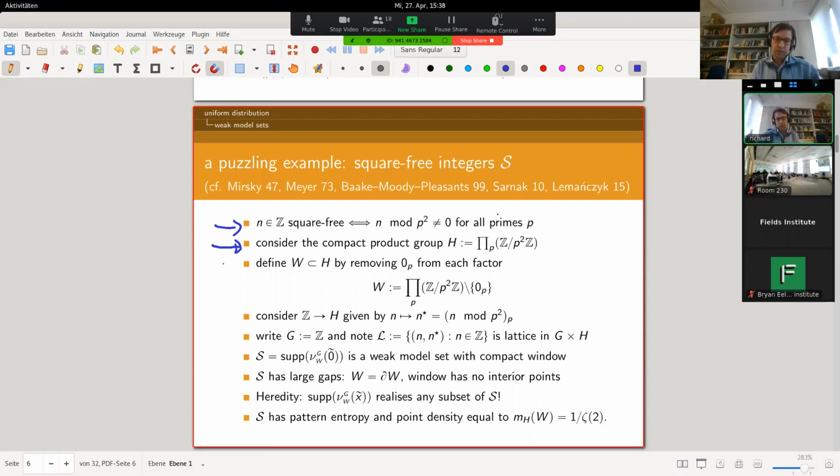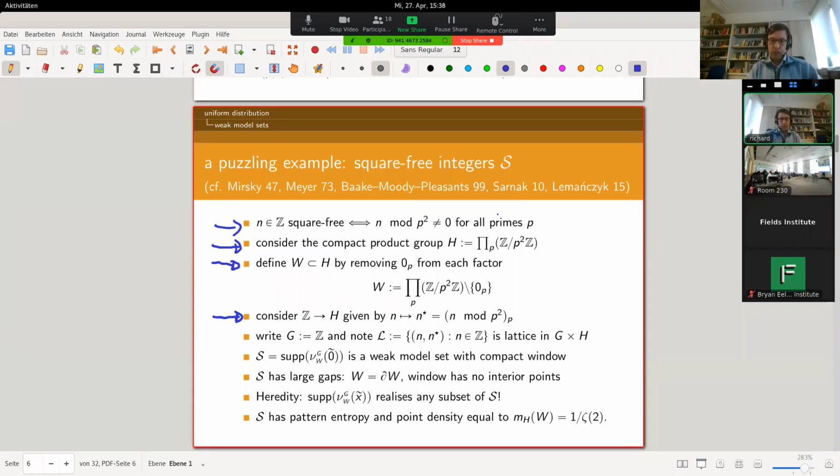And this lets you define a subset of this group, which is a window, by removing the 0 from each component. And then, of course, the natural construction is to take an integer n and look at its reduction modulo p squared and call this n star.